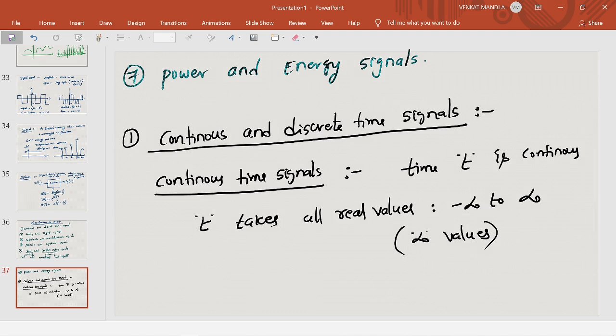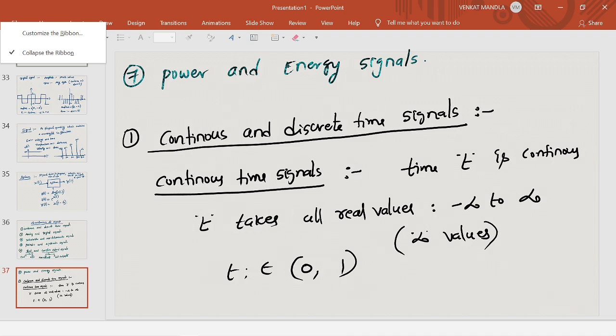Or suppose t takes some interval, say 0 to 1. These are the values t takes. So it won't take discrete time values. If I mention this is a continuous time signal, the time takes all continuous values, all possible real values.